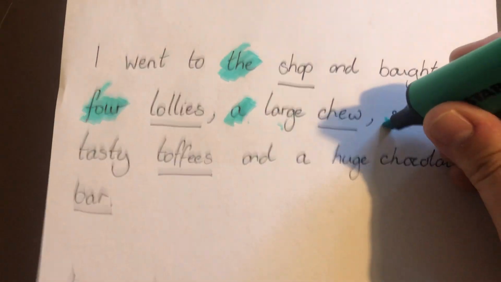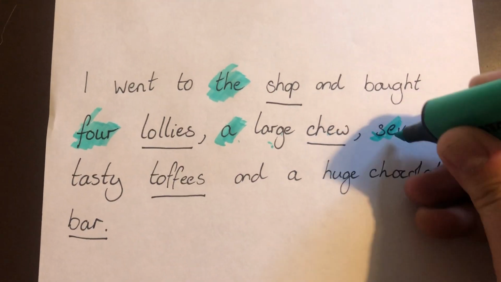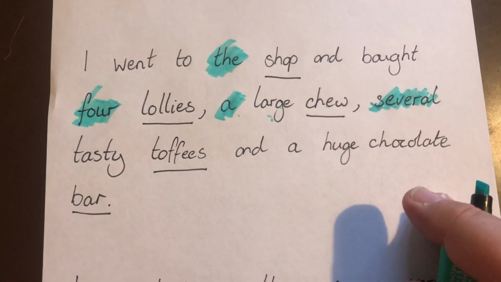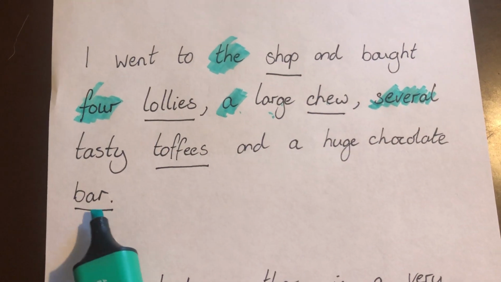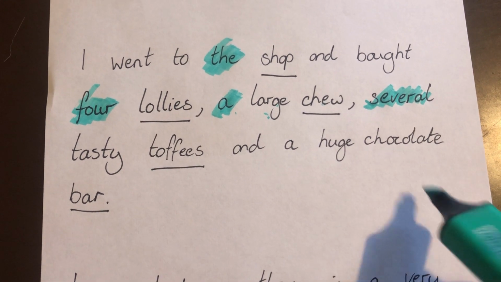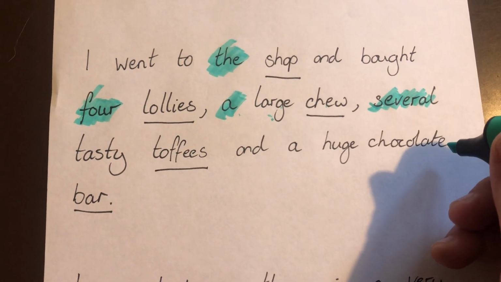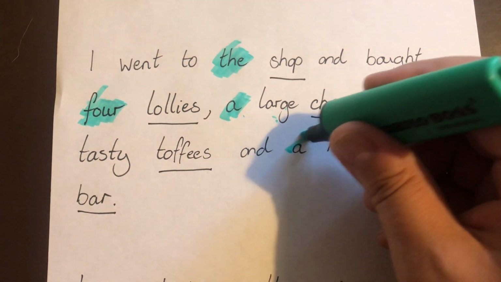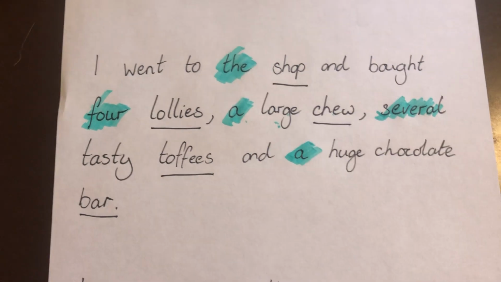And I've got several. That is my determiner. It's telling me how many toffees I've got. And if I go to bar, in front of that is chocolate. It's a chocolate bar. That's describing that. Oh, it's a huge chocolate bar. It's still describing it. So the next one across is a, that we've already said is the determiner.